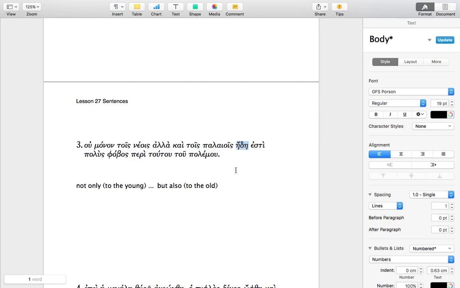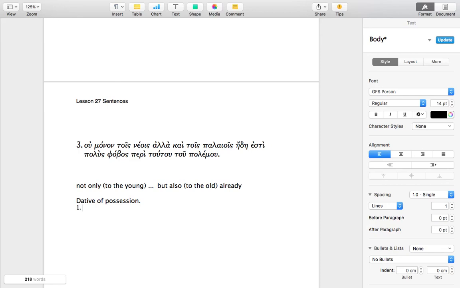Ade, already. Este, well, it means is, but where's our nominative? Well, Paulus phobos is our nominative, right? Much fear is already not only to the young, but also to the old. Now, that's weird, right? And it should sound weird because it's a dative of possession. When you have a dative of possession, what do you do?